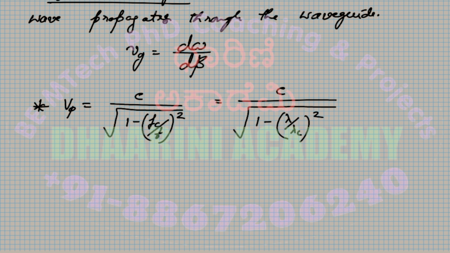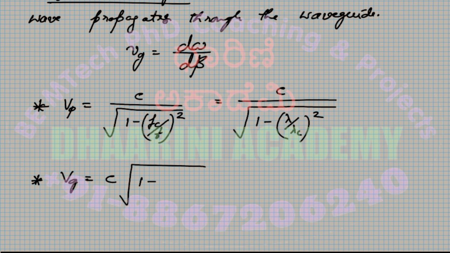Is it okay? Right. Also, let's write the other equations, that is for group velocity. If you want to calculate the group velocity, Vg is equal to, one of the equations in terms of the lambda values: C into the square root of 1 minus (lambda by lambda C) the whole square.